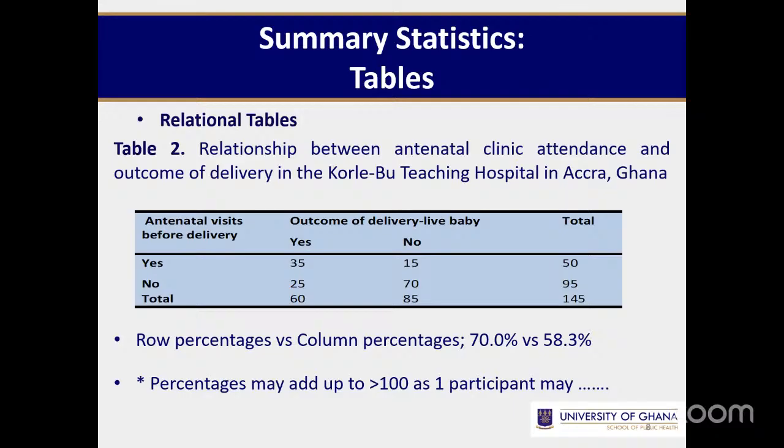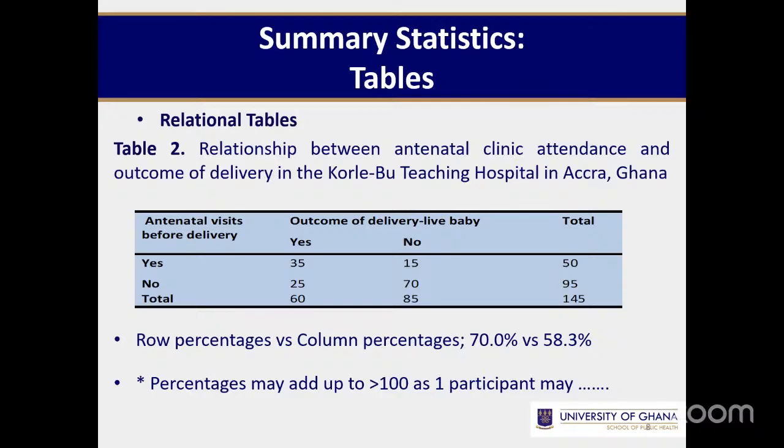Good. The second thing is that in some situations, for example, we are talking about maternal chronic illness. And you have options like diabetes, hypertension, any other chronic illness, maybe about 4 or 5 categories.